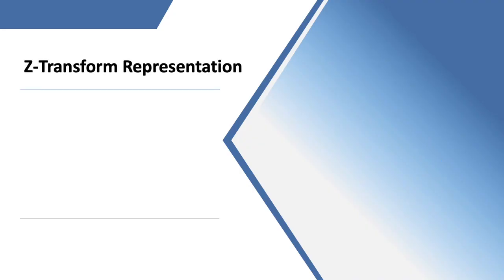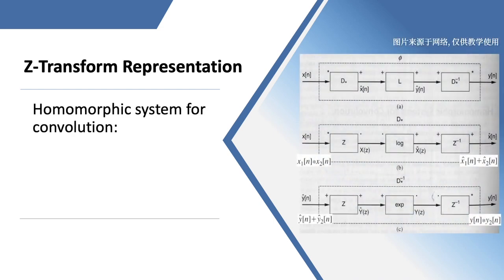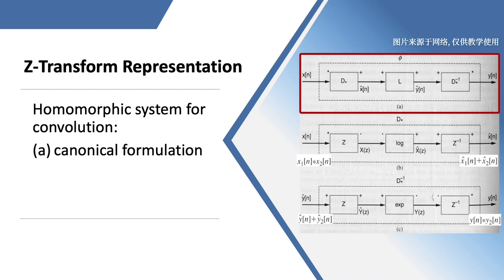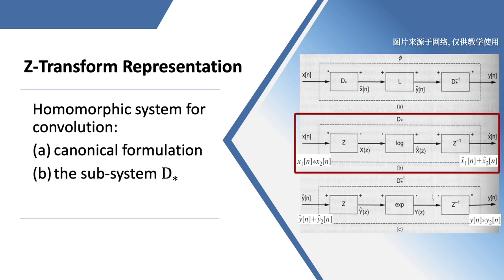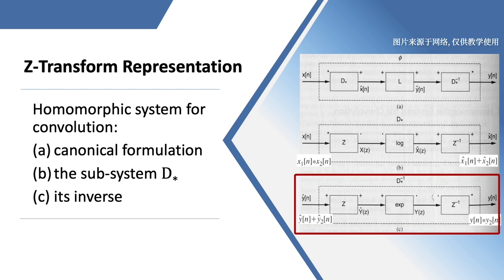For discrete time domain, we could use Z transform to build up the homomorphic system for convolution. As is shown in the figure, A is the canonical formulation of the convolutional homomorphic system. B is the subsystem deconvolution. C is its inverse.